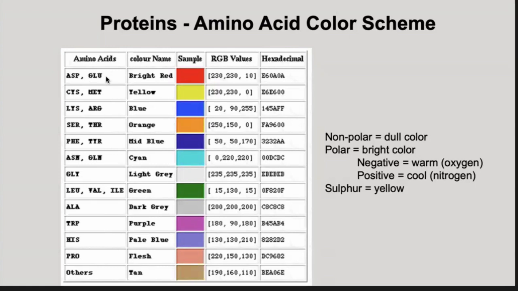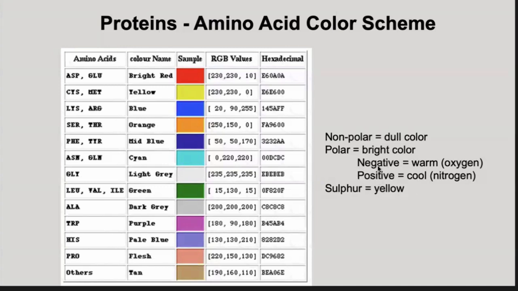Those actually have a full-on negative charge, like a full -1 charge in their side chain. So those get the really bright, vivid red because that negative charge is coming from oxygen. Things like serine and threonine are represented by orange because the side chain is slightly negative, but it's not a full -1 charge. So we use this warm orange color instead of the true bright red for those.